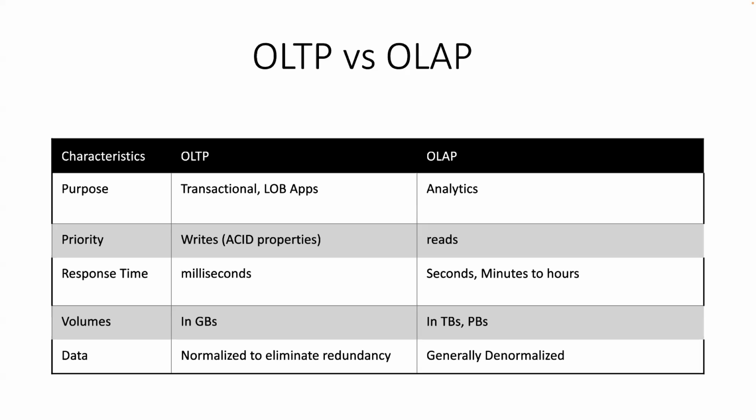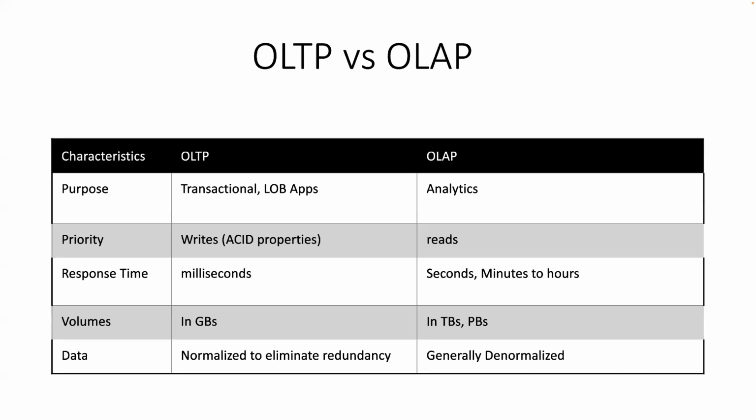And how you store the data: in an OLTP system it is usually normalized to eliminate redundancy. You work out your database design and keep normalizing the data, because writes and updates are important and they need to be fast.